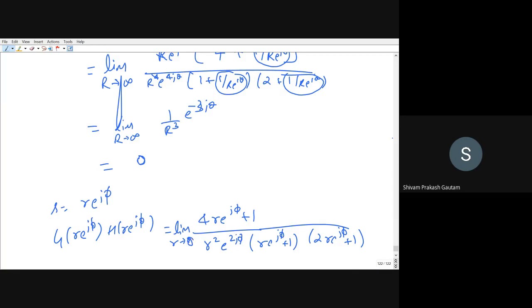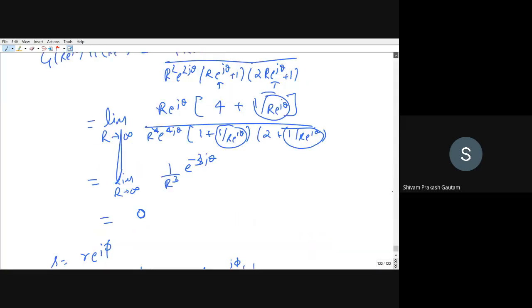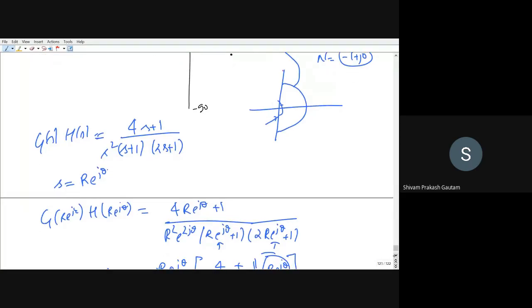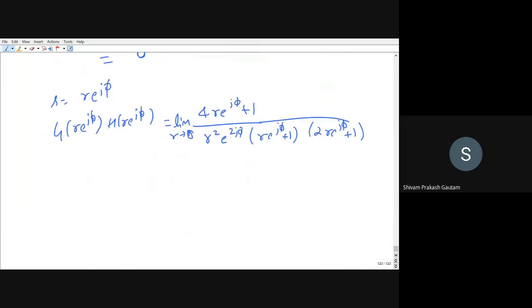Why is small r 0? Because you can see the smaller semicircle has a radius very close to 0, just to avoid the open loop pole at the origin. Now, when you substitute r equal to 0, this term will be gone, because this is 0.